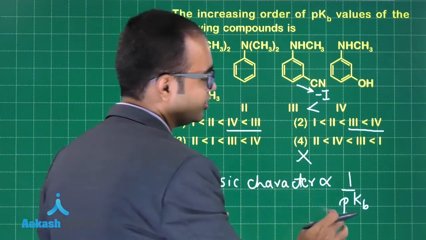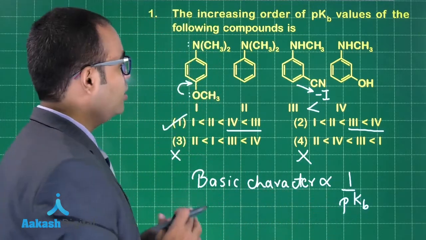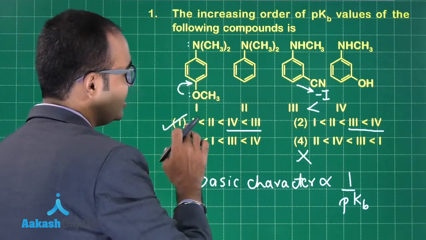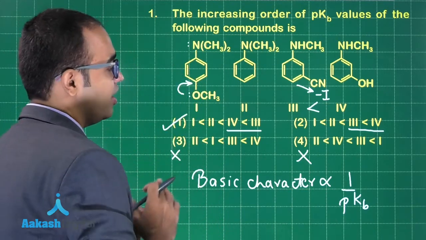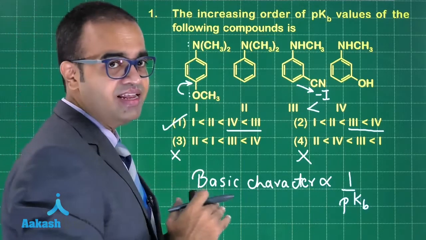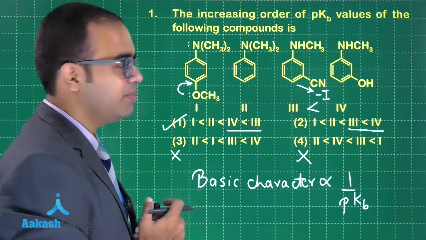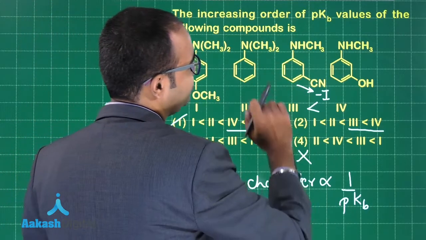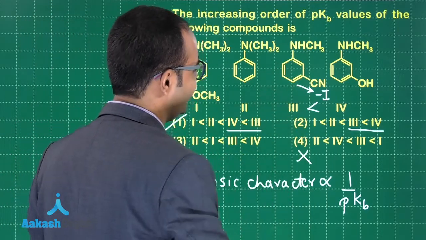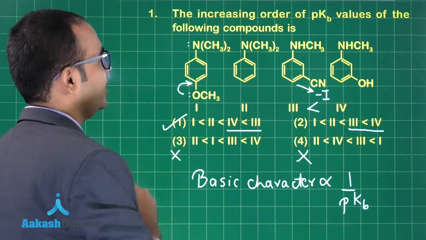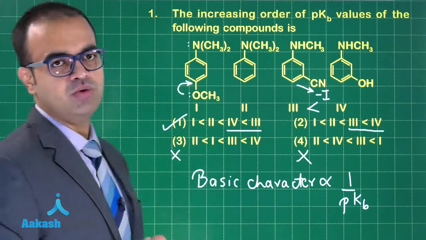Basic character is inversely proportional to pKb. So the one which is most basic will have the least value of pKb. Okay, and the one which is least basic will have the maximum value of pKb. So third compound is least basic. That's why it has the highest value of pKb. Okay, so the answer is option 1.